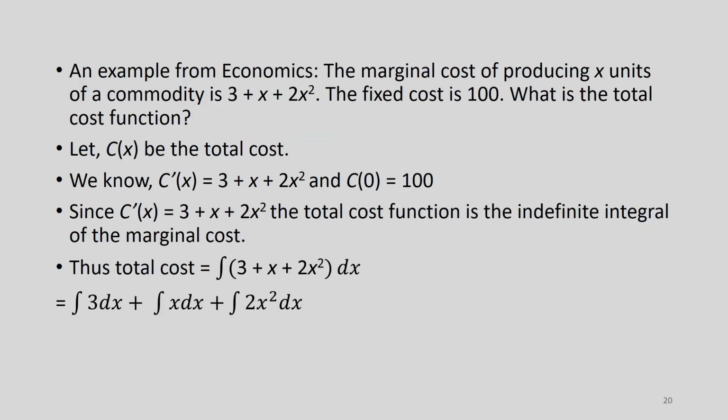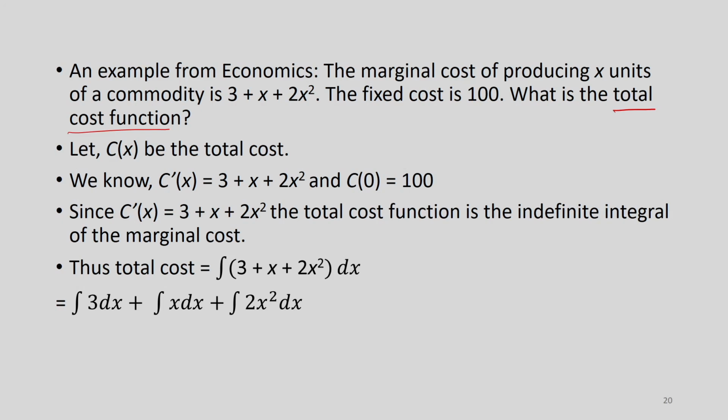Here is an example from economics. The marginal cost of producing x units of a commodity is 3 plus x plus 2 x square. The fixed cost is 100. What is the total cost function? So, this is what we want to find, the total cost function.